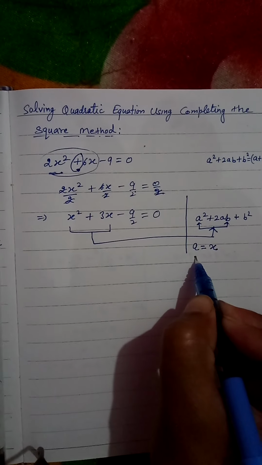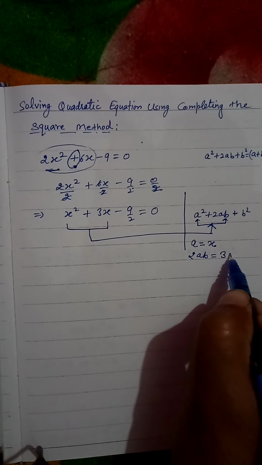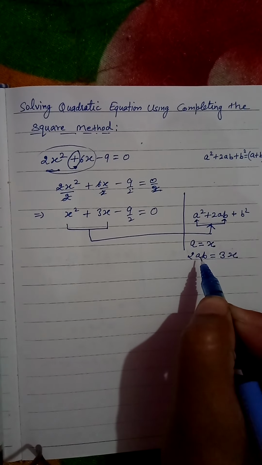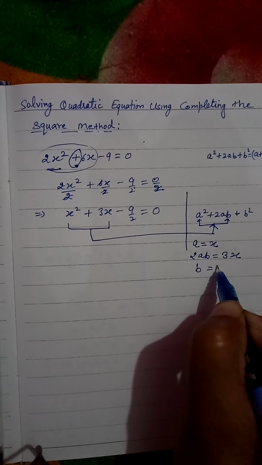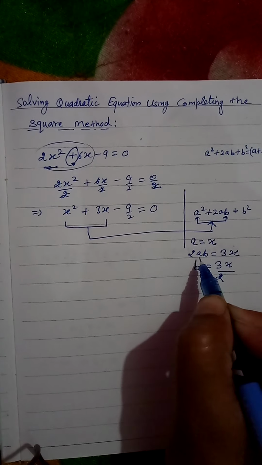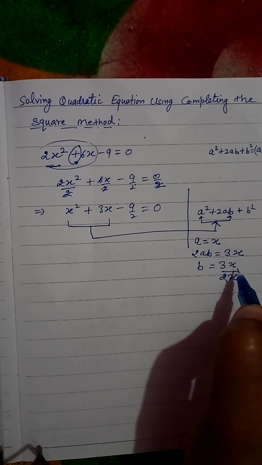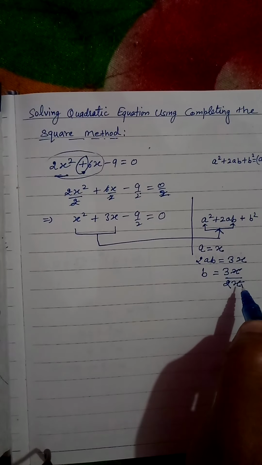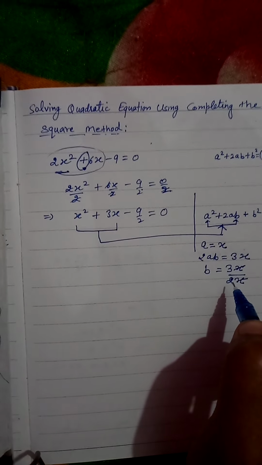So 2ab is equal to 3x. If you substitute the value of a, you will get b is equal to 3x over 2a. But what is a? A is x. So you will get 3 by 2, because x and x will cancel out. So b is 3 by 2.